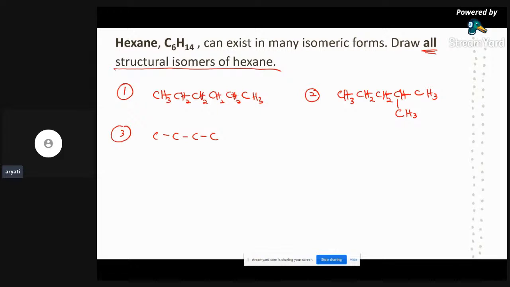Okay. So still the longest chain is 5 carbon, tapi kita move the branch at carbon number 3. Okay. So sini 3, 5, 8, 11.